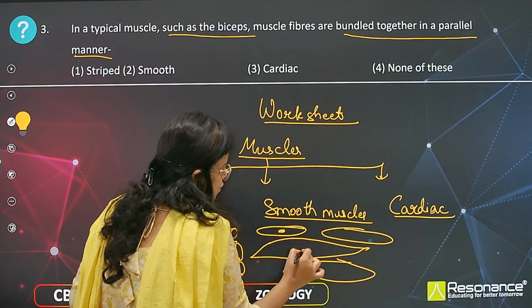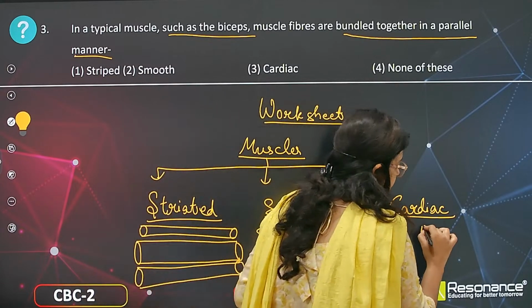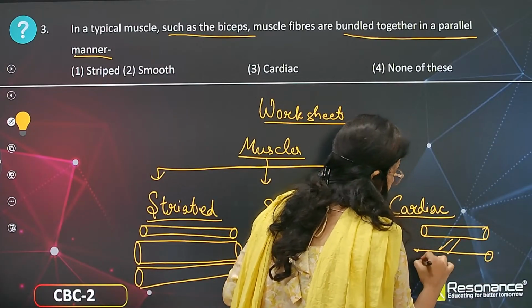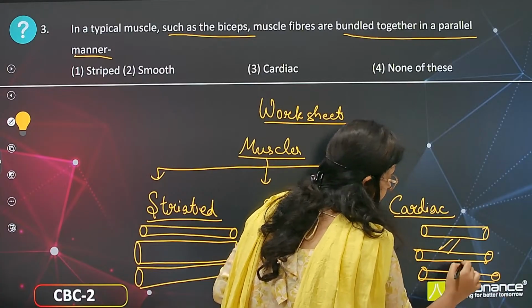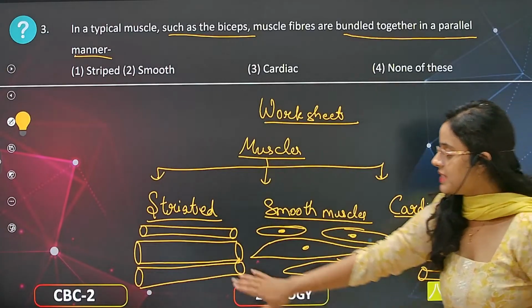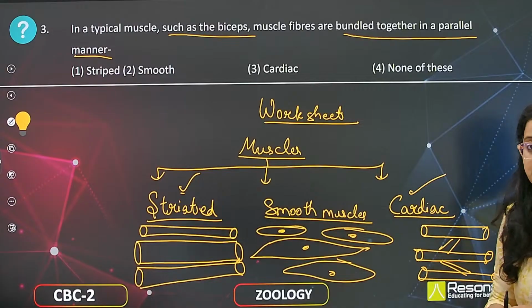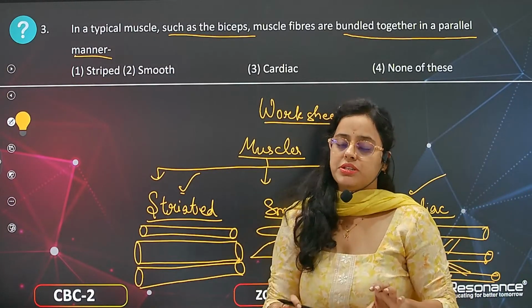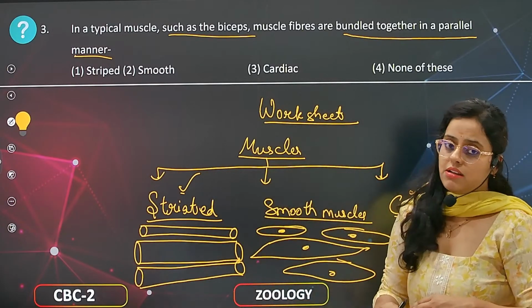These are smooth muscles. Now coming to cardiac muscles, they are also arranged parallelly, but they are branched. So the parallel arrangement is seen in striated muscles as well as in cardiac muscles. Both striated muscles and cardiac muscles have a parallel arrangement of myofibrils, or you can say muscle fibers.